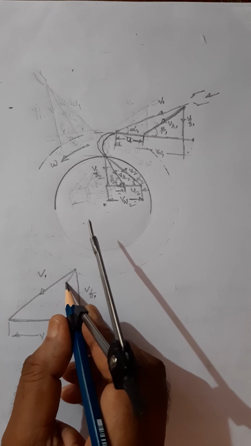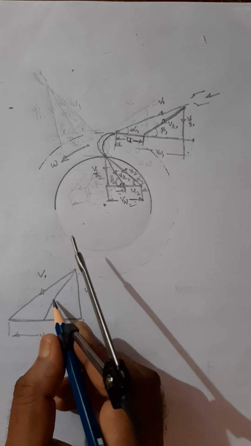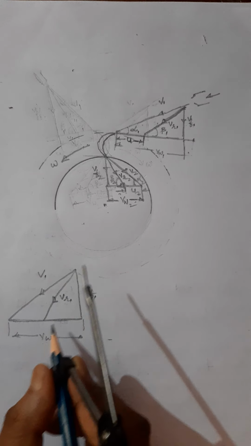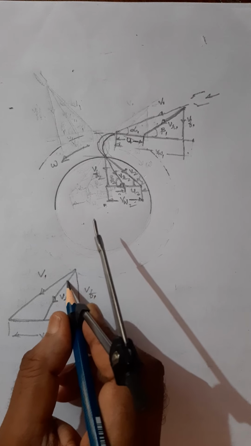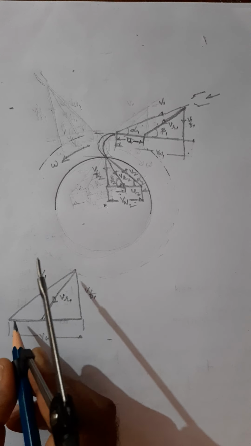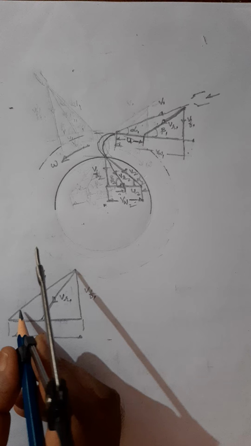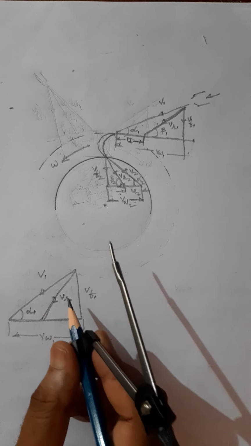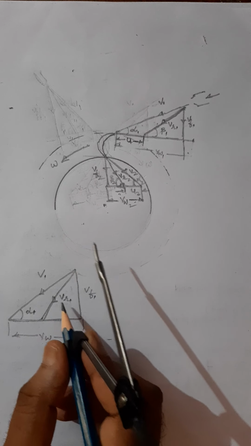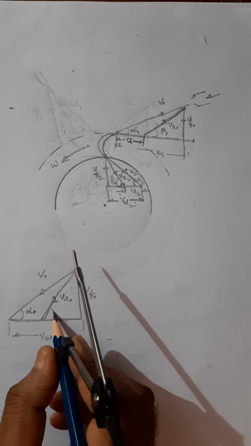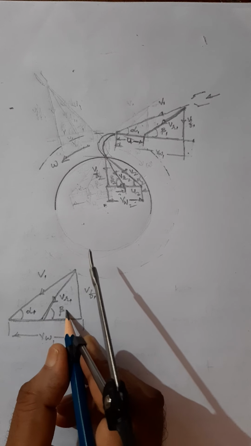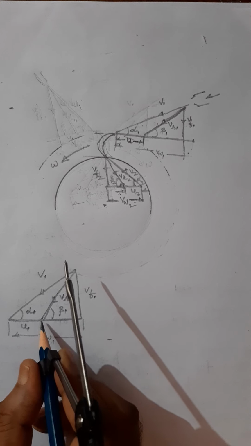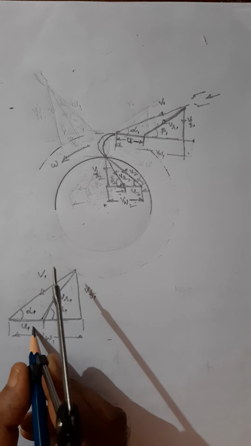And the relative velocity, which is less than V1, is VR1. The angle between V1 and VW1 is alpha 1. The angle between VR1 and U1 is beta 1. And this is the blade velocity at the inlet, U1.